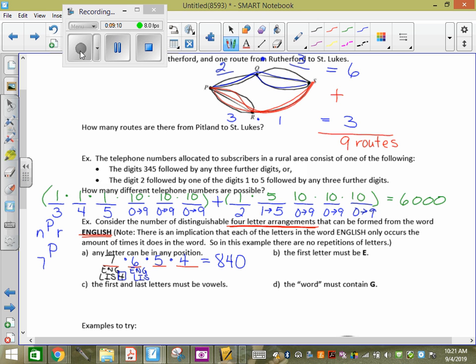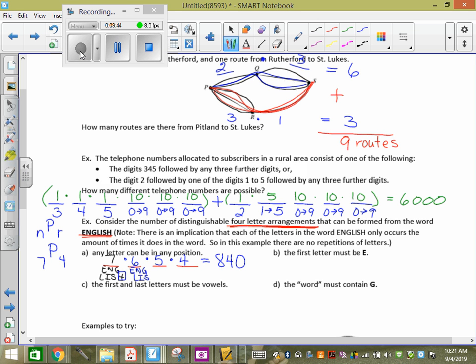How many times did I go down by 1? 1, 2, 3, 4. Because I picked 4 letters of the 7. We agree? So this means I have 7 letters. I picked 4 of them. If I had an unlimited number of letters and I went 7 times 7 times 7 times 7 and I didn't go down by 1, I wouldn't be able to use this. You can only use this if you start at a number and go down by 1. So this is a permutation of words. I have 7 letters and I'm P, permutation, so picking 4.